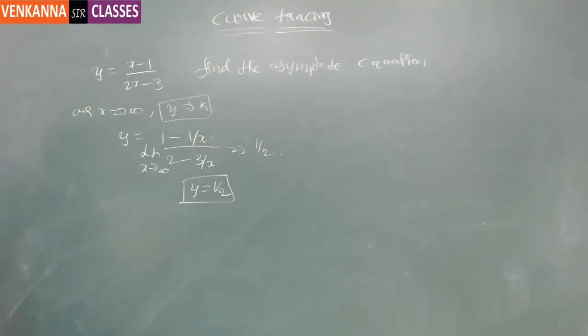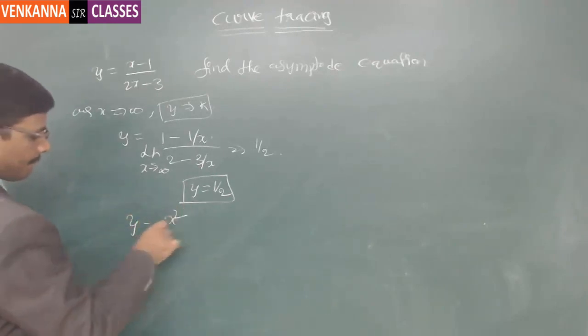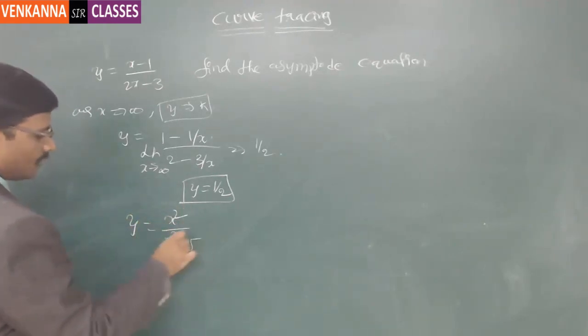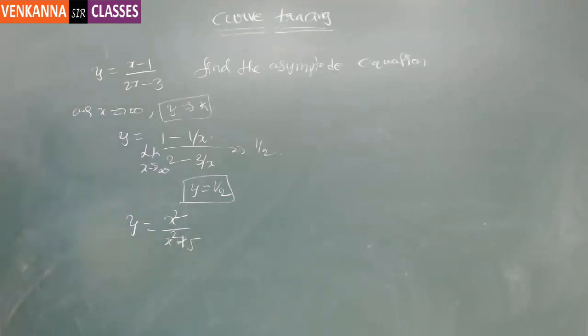Note down one more. Y is equal to x square by x square plus 5. What is the equation of the asymptote for this?